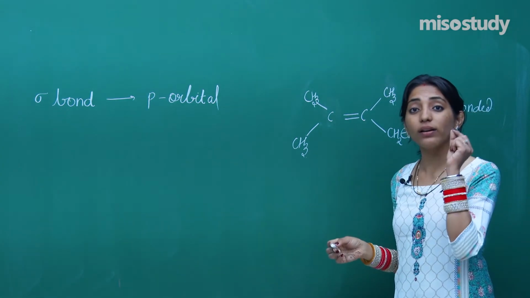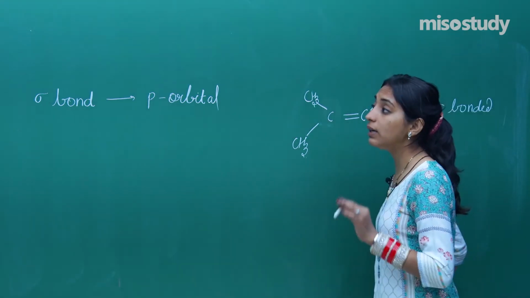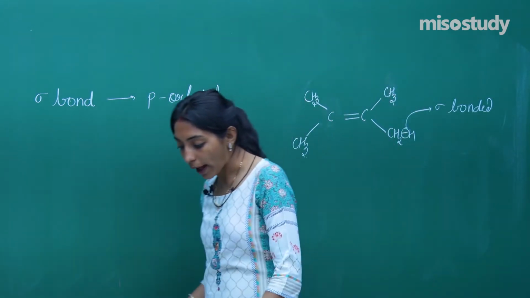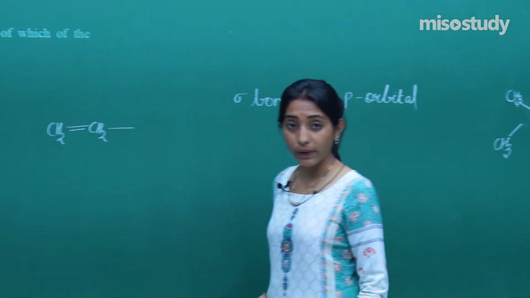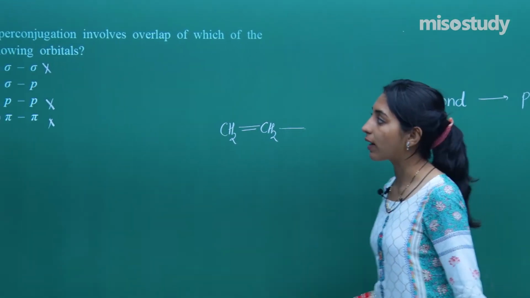The presence of a sigma bond is actually mandatory for hyperconjugation to take place. Okay, that's it. This was our question number 7.